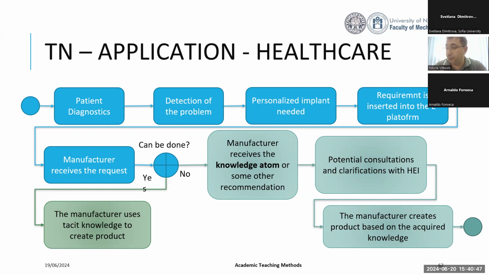For example, if you need to use a personalized implant, say you break your leg and you need to put a metal rod in your thigh, usually the clinics purchase some kind of this equipment and they can use it, but in some cases, standardized equipment is not good. And it's sometimes good to create personalized items.